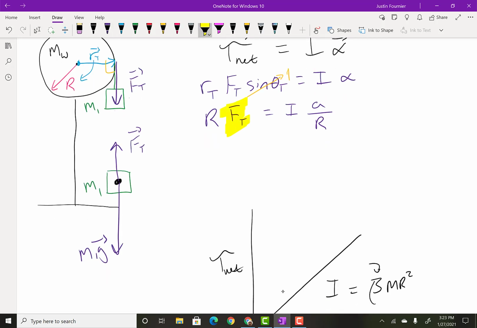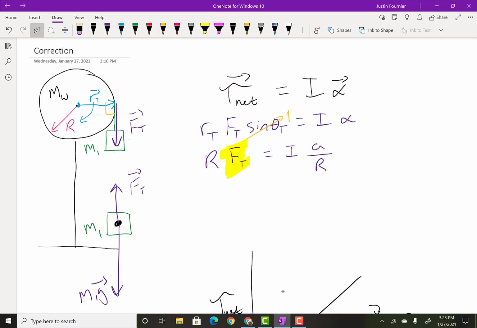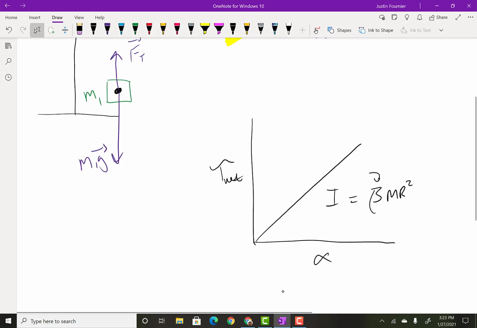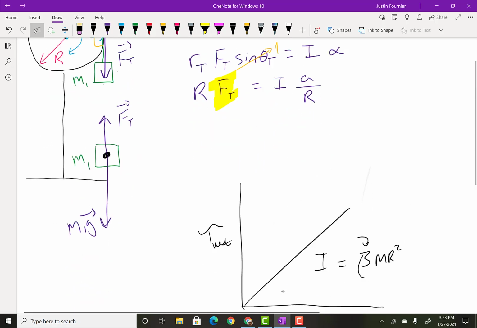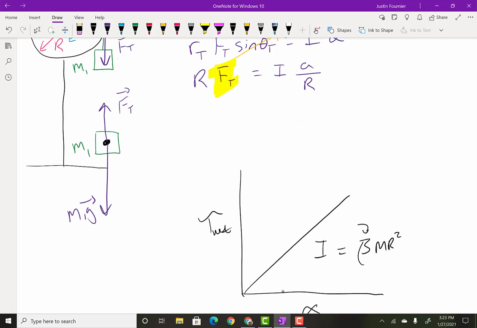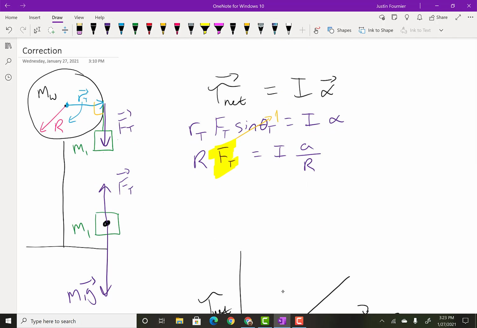And in fact, there was an AP exam question last year where students were asked what would you measure and what would you need to graph in order to find the moment of inertia of your disc, or the mass of the disc or something like that.